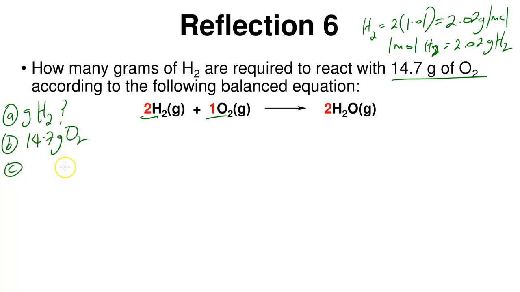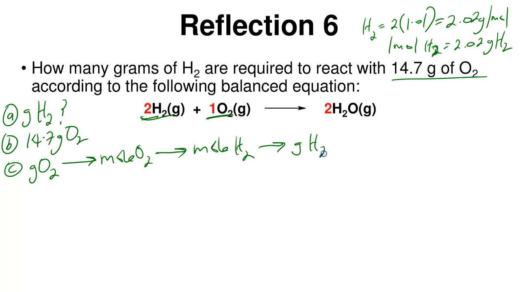C, what is our path? We're going to go from grams of oxygen to moles of oxygen. That's the first thing you do. From moles of oxygen, you go to moles of hydrogen, because we're comparing these two. And from moles of hydrogen, you now go to grams of hydrogen, using the molar mass of hydrogen. So that is the path.